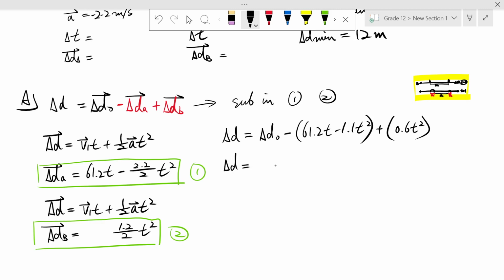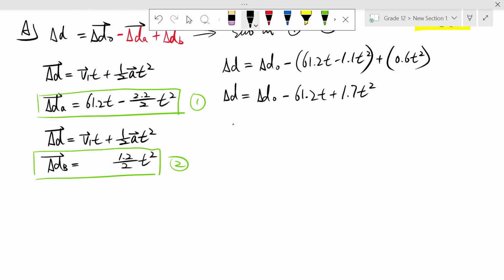My delta D equals this 1.2 t, but this time it's going to plus. You have two negatives here, so they plus. I'm just going to do everything in one step. That is 1.7 t squared.